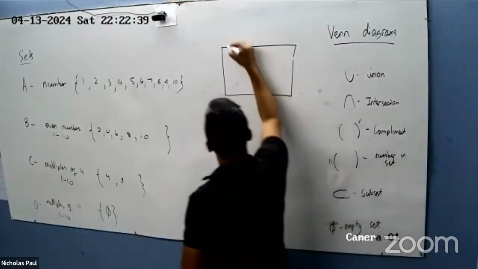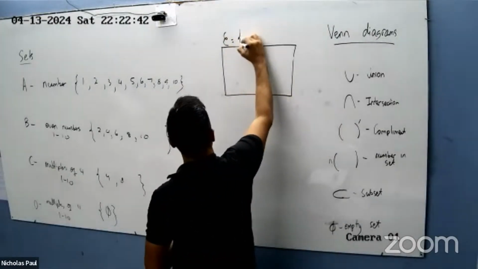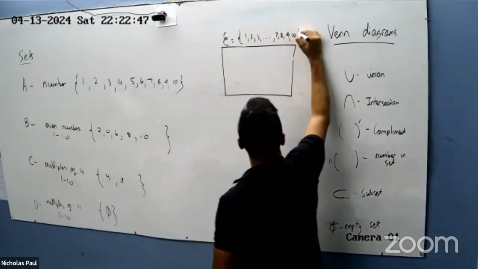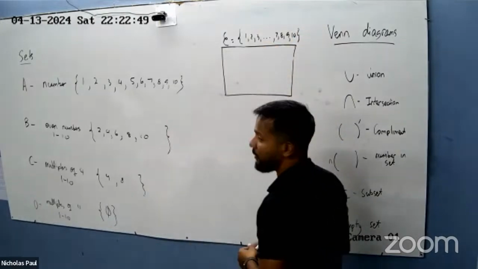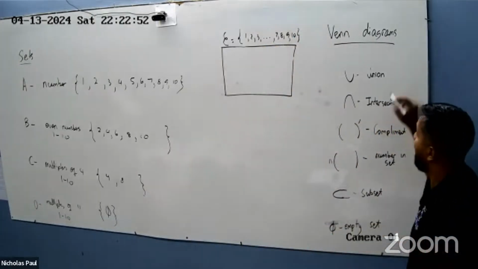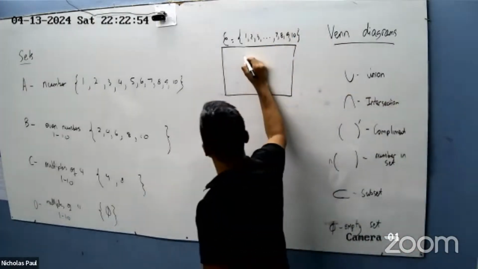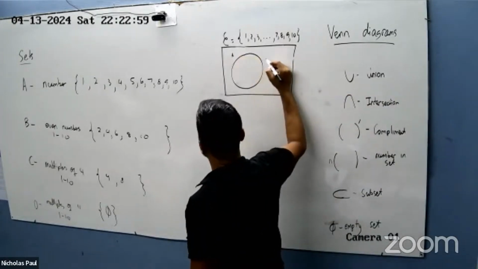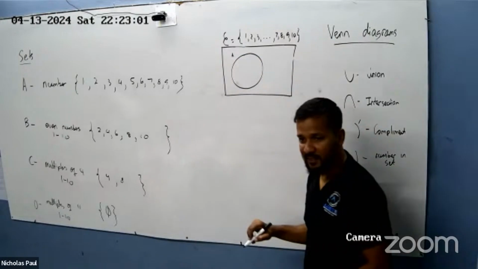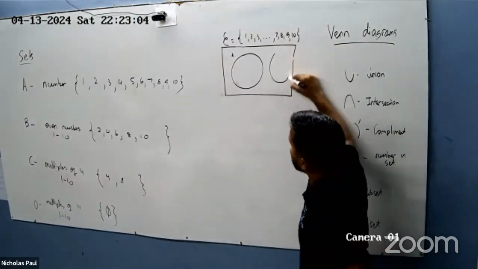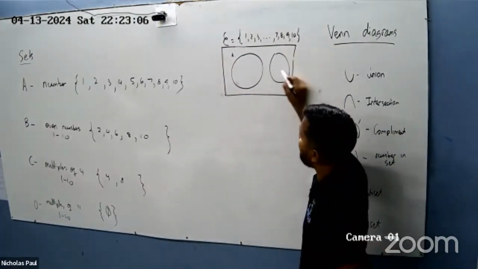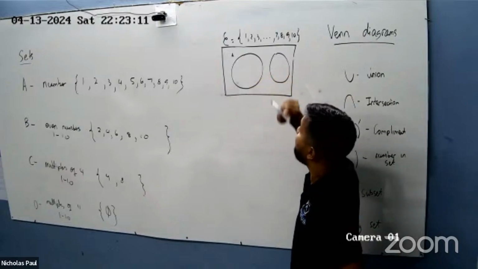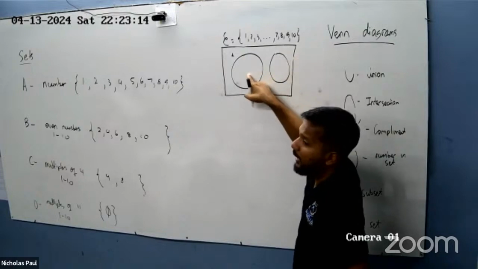As I said, the universal set on the outside is all the numbers, 1, 2, 3, all the numbers until you reach 10. Then let's take a look at representing A and B. Whenever you do questions like this, you don't start them up separately. If they have something in common, then you have to bring them together.